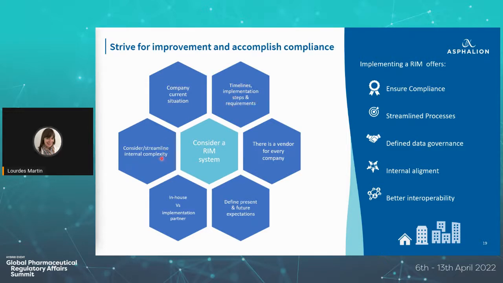You have to consider the internal complexity, but also define the present and future expectations, always knowing that there is a vendor for every company and that there are different approaches. So you can have the implementation done in-house, or you can work with an implementation partner.